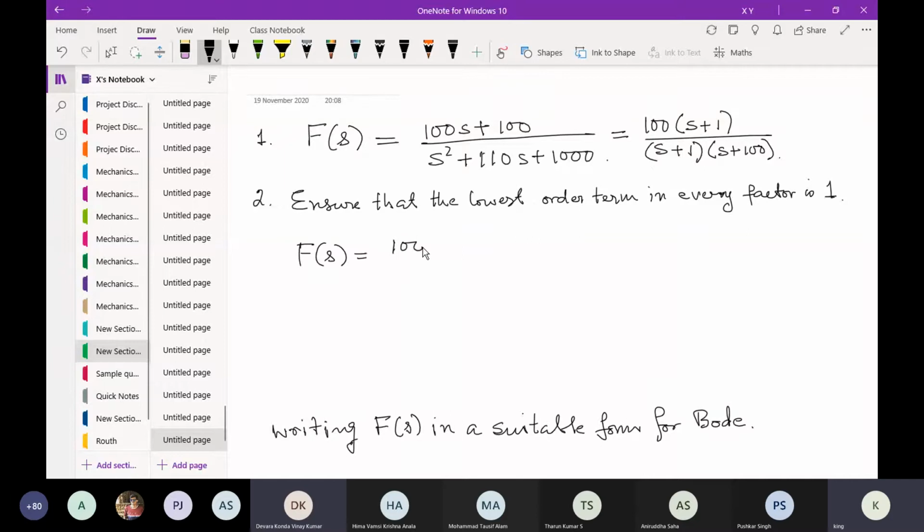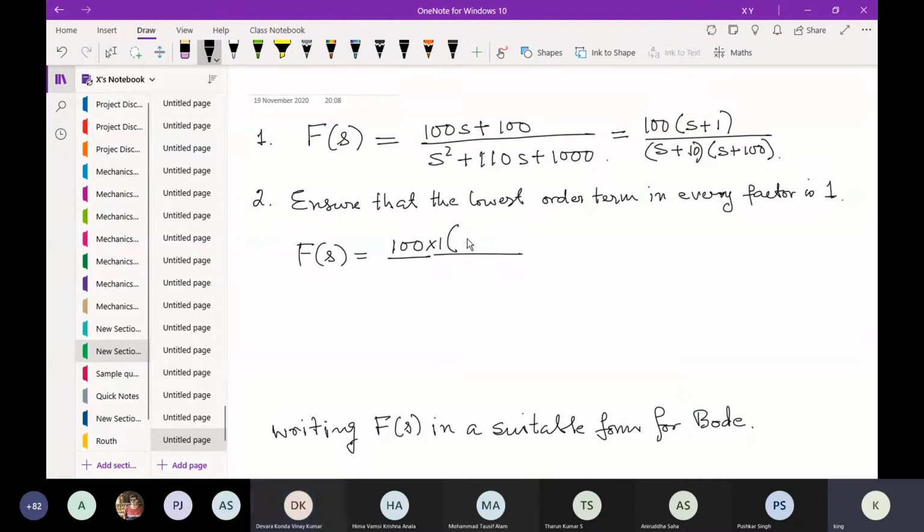So we have 100. Oh, sorry, there is a 10 out here. So from 100, but still I'll write it in the proper form.